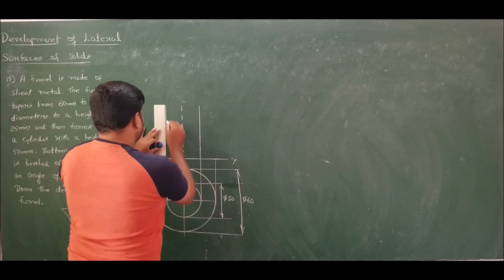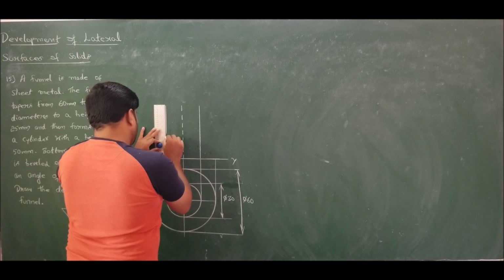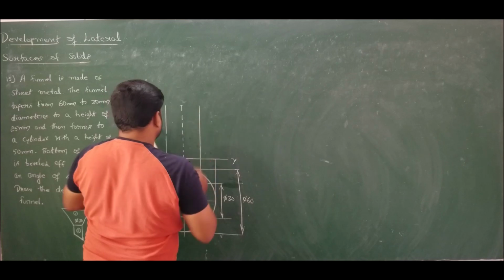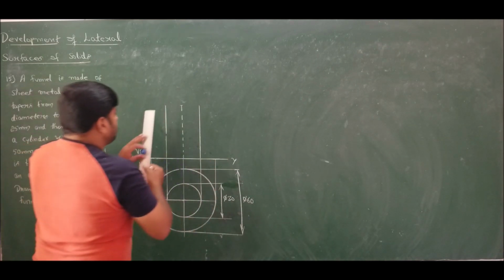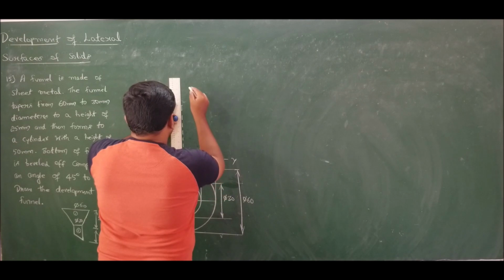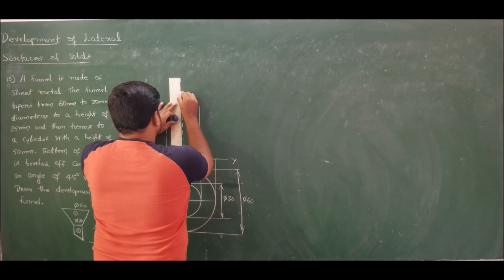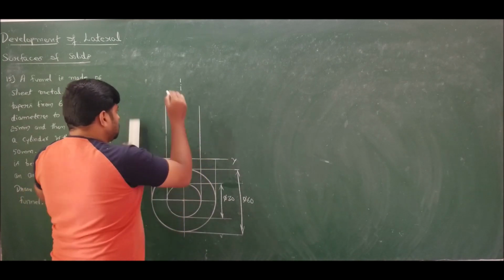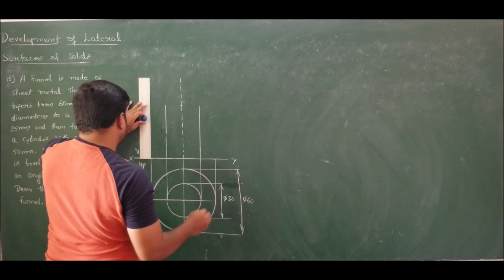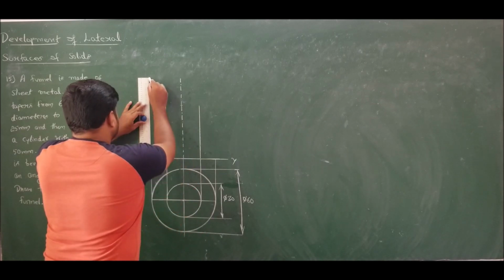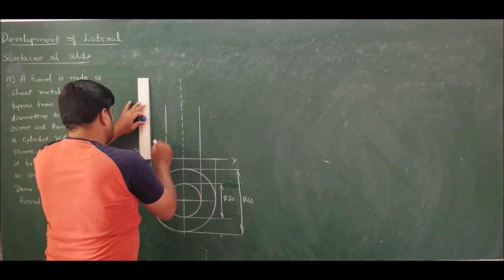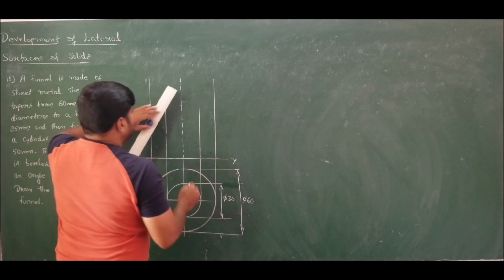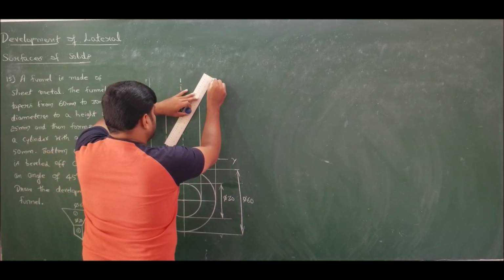Since it is beveled off, let me stop at this point and draw a very thin line here. So this is what we have. From there, for 25 we have a taper. So measure 25 and lay down the axis like this. There we have the top face of this cone, that is diameter 60.